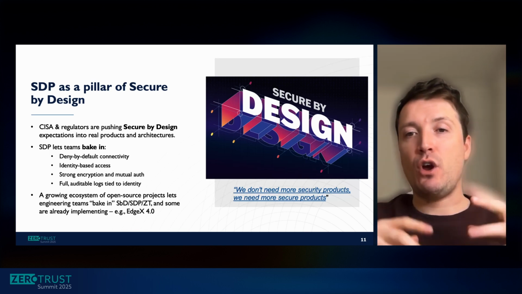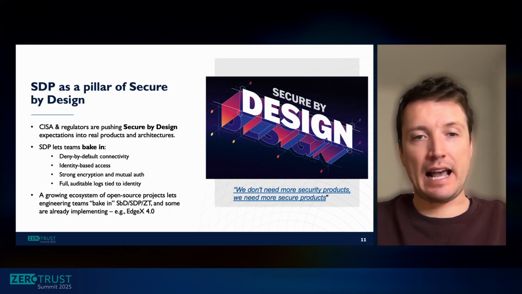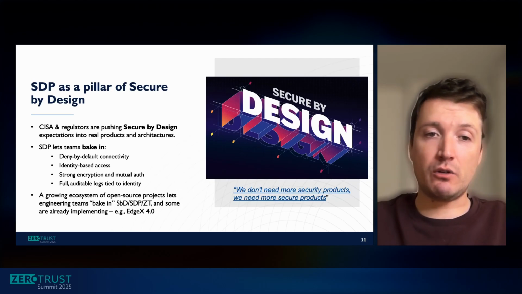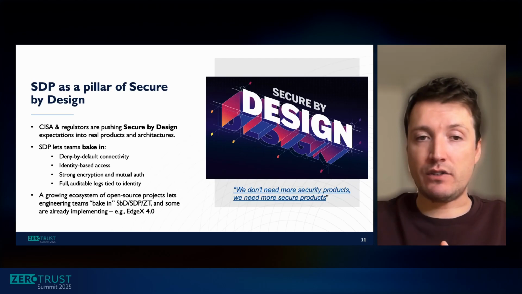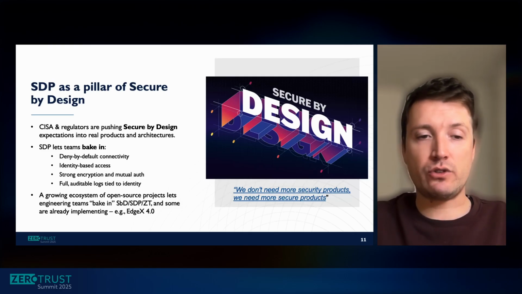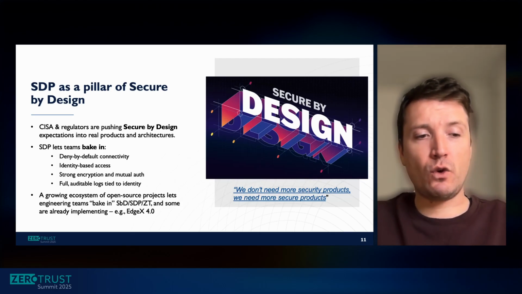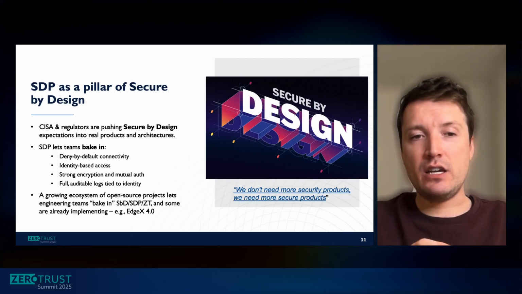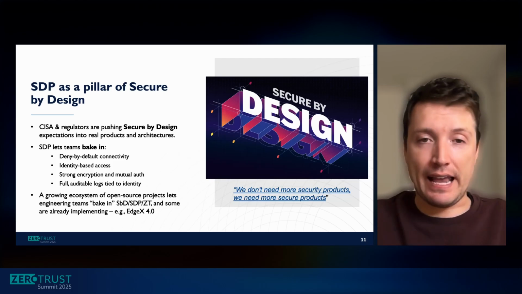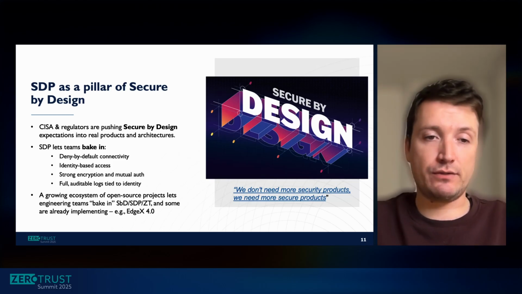So that instead of having to build and wrap tools around our existing applications, the applications had built into them deny by default connectivity, identity-based access, strong authentication and mutual authentication, and full auditable logs tied to that identity. This would make it much, much easier for the organization. They would be able to buy and implement applications which were just more secure by design and by default.